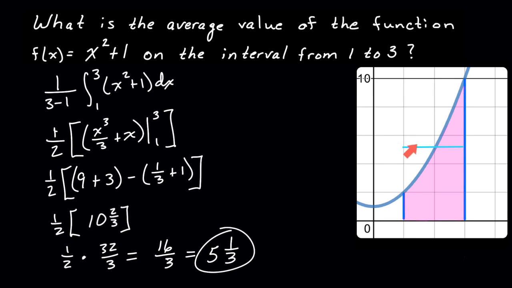And if you'll notice where we place this blue line, notice the scale of my y-axis. This is going by 2s. So this is 2, 4, 6. And we're a little bit over halfway between 4 and 6 where we thought the area would be. And so that is pretty accurate right there.